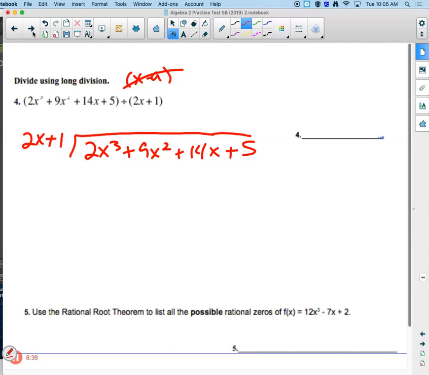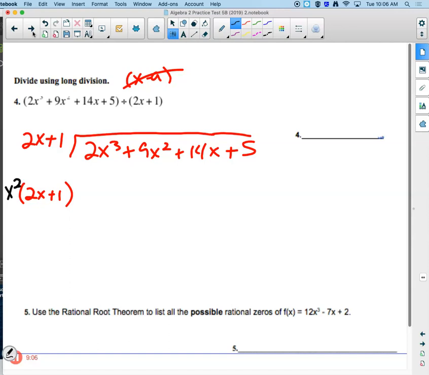All right, you guys were experts when we did this, but it's been a little while. So tell me what I'm trying to do with my 2x plus 1. Excellent. Match it with that first term, 2x cubed. So this is 2x. What would I have to multiply that by to get it to be 2x cubed?